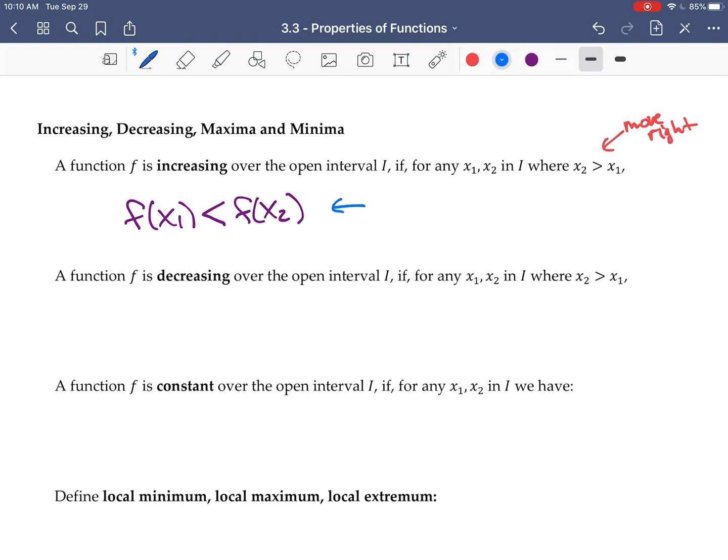Okay, so another way to say this is the y values get bigger as we move right. So if the graph is doing that, then you know it's increasing.